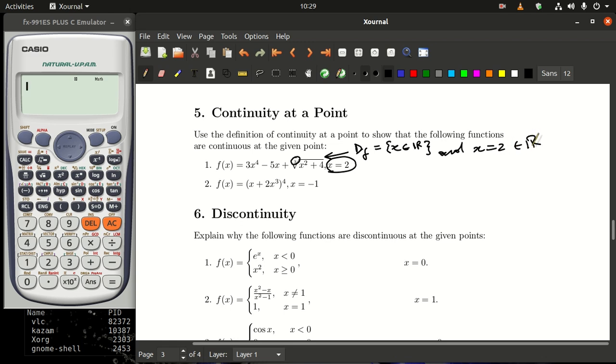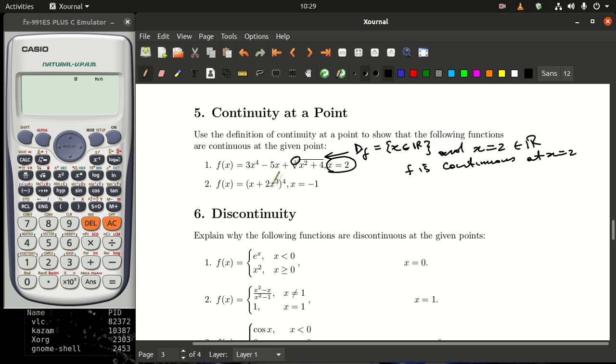It is a real number, this 2. Therefore, because this is inside the domain, f is continuous at x is equal to 2. You are done. Find the domain, and if you got it and this point is part of the domain, then f has to be continuous at that particular point.